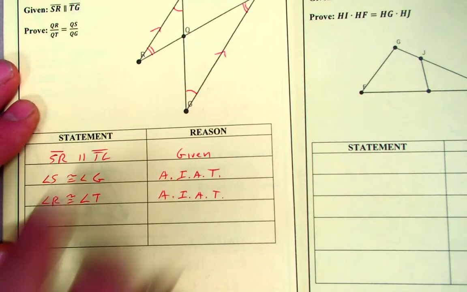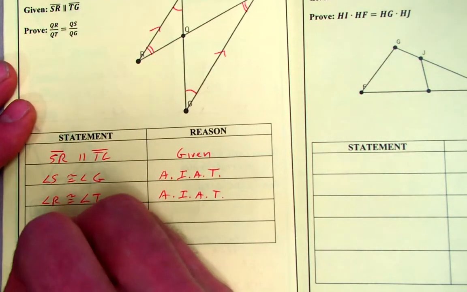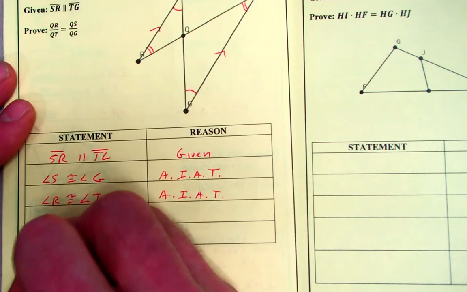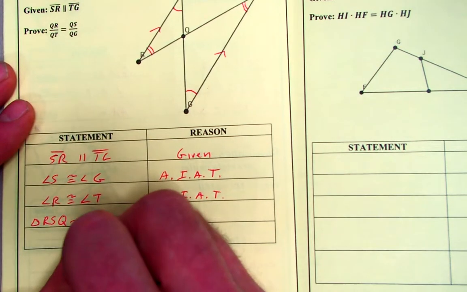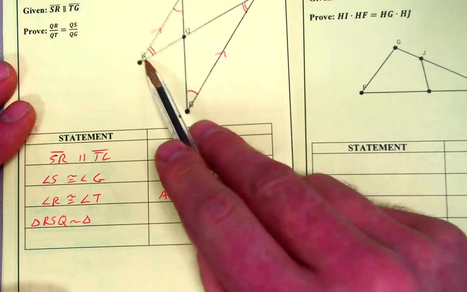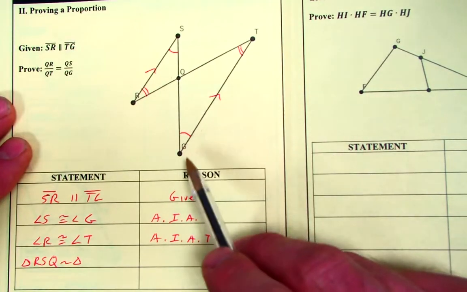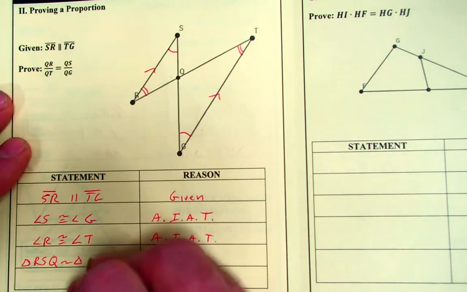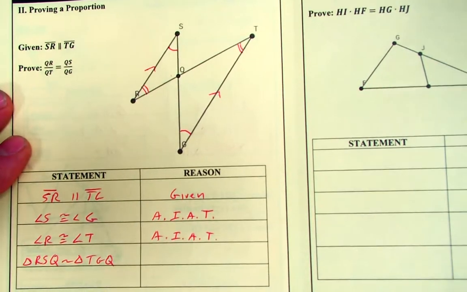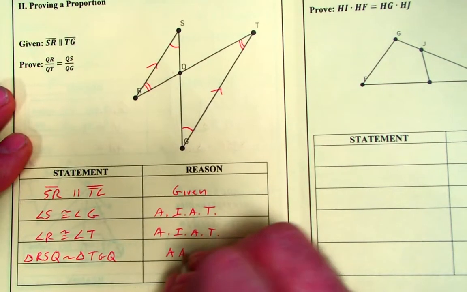Okay, so now we know that the two triangles are similar. So triangle RSQ is similar to, we got to make sure we get this in the right order, so TGQ. Okay, they're similar by angle.